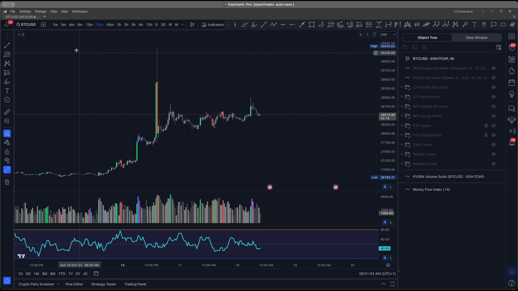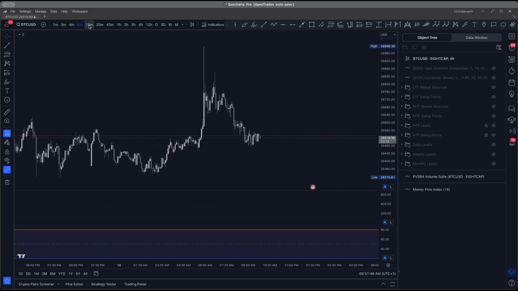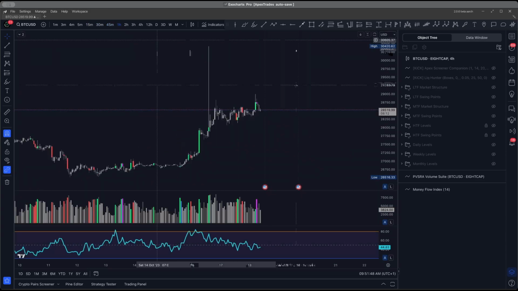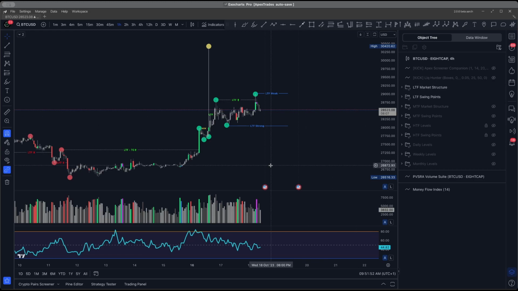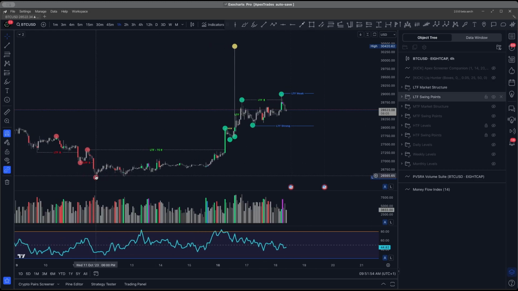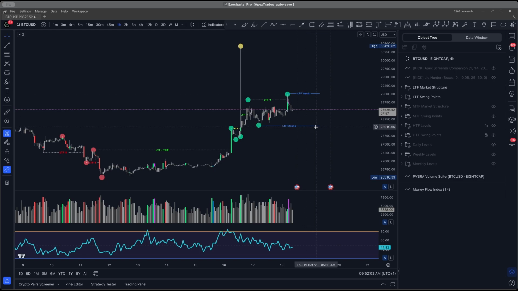So if I'm on any time frame up to an hour, I will have mapped out where the swing points are, where market structure is, where we've had a break or a trend change, and where the current swing high and low are. What would we perceive as strong, and what would we perceive as weak, in terms of where we'd expect price to go. All of that I'm not going to cover in this session.